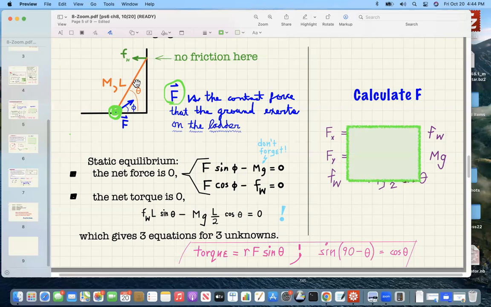The position of the force can be taken to be the center of mass of the ladder, because the forces at all the points along the ladder are equal. So if I calculate the total torque, it's as if all the force were acting at the center, at distance L over 2. So I'll have the force, mg, the distance L over 2, and then the sine of the angle. Well, what angle? It's this angle.